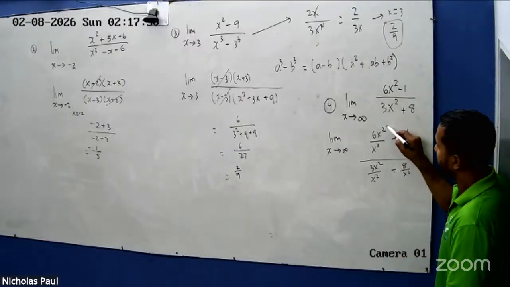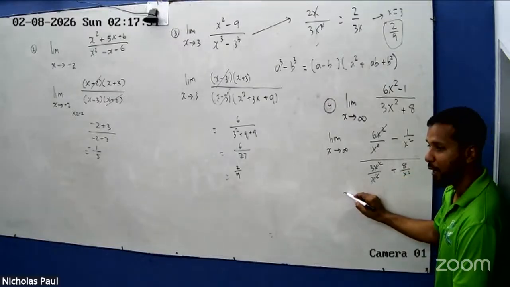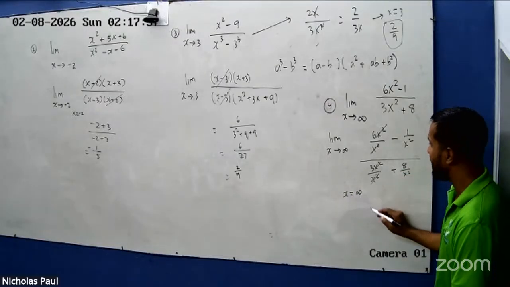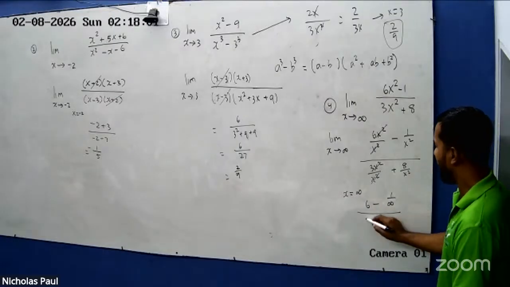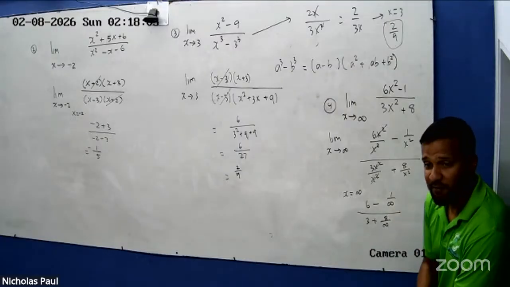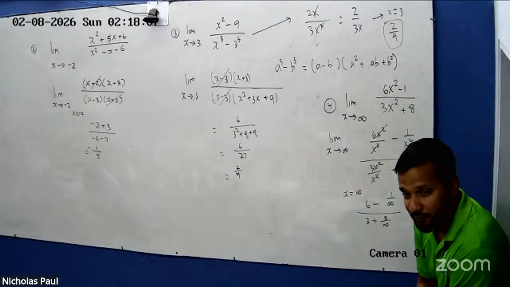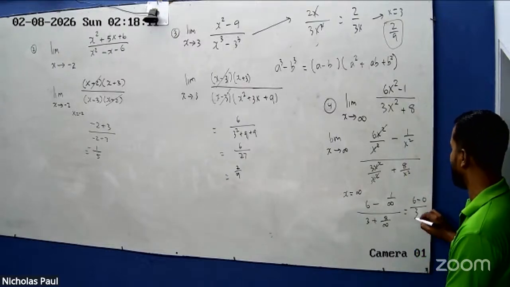Right? This will cancel, right? And when you plug in infinity, you'll end up with 6 minus 1 on infinity all over 3 plus 8 on infinity. Anything divided by infinity is what? 0. So you'll end up with 6 minus 0 over 3, and your final answer is?